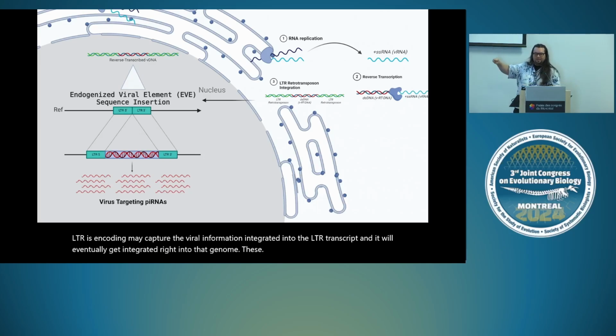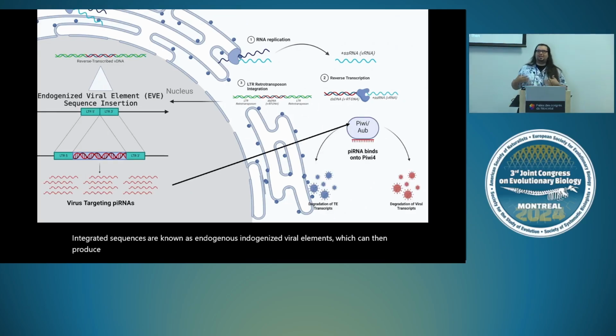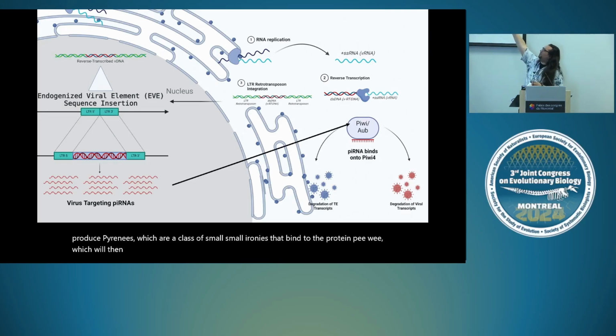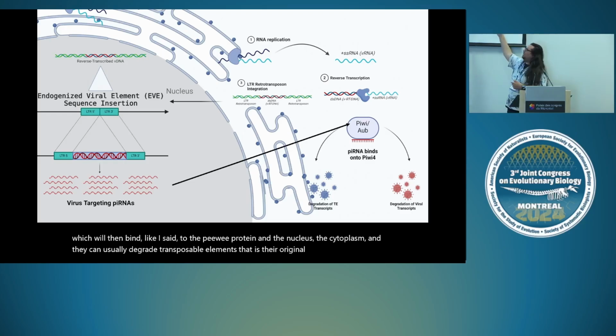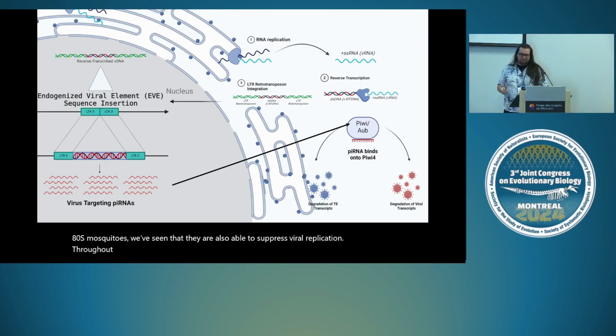These integrated sequences are known as endogenized viral elements, which can then produce piRNAs, which are a class of small RNAs that bind to the PIWI protein, which will then bind in the nucleus or the cytoplasm, and they can usually degrade transposable elements. That is their original function. However, in Aedes mosquitoes, we've seen that they are also able to suppress viral replication throughout the viral life cycle.